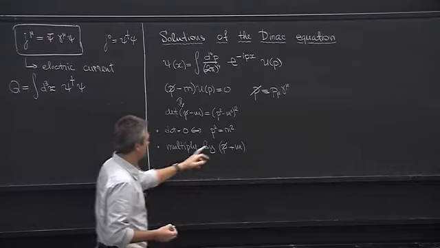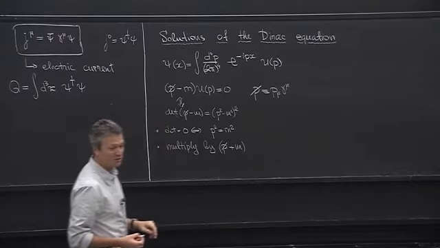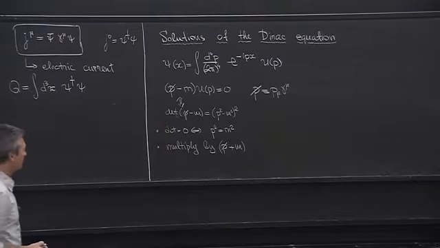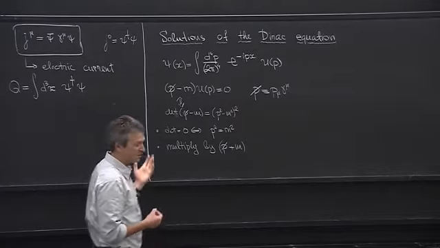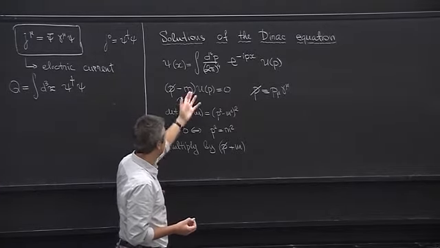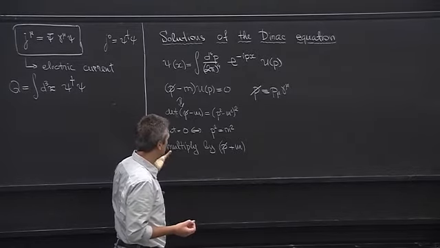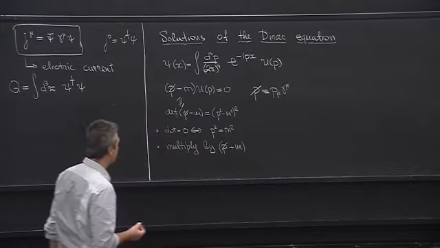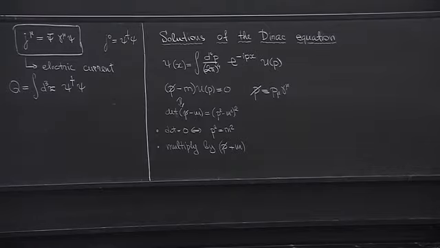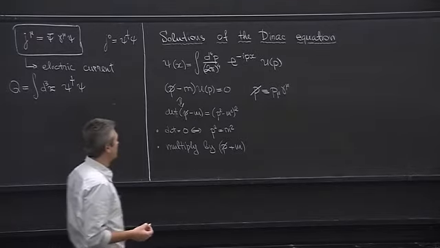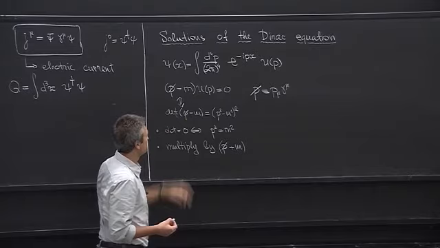So this times that is just p squared minus m squared. And so this is just a number. So a number multiplying this vector should be 0. So it can only have solutions when this condition is satisfied. So the solutions exist only when p is on shell.